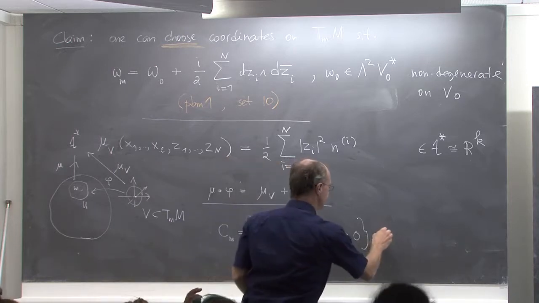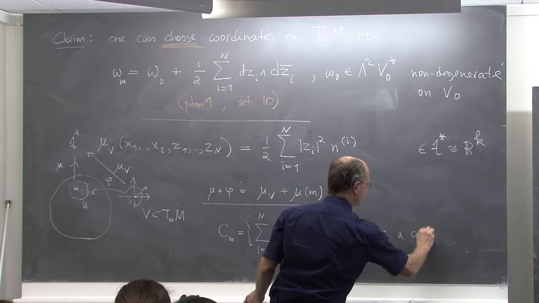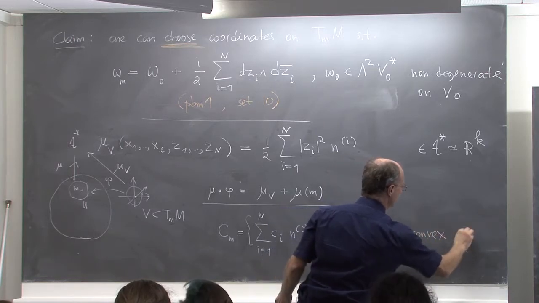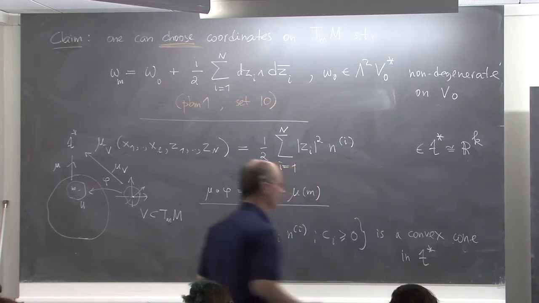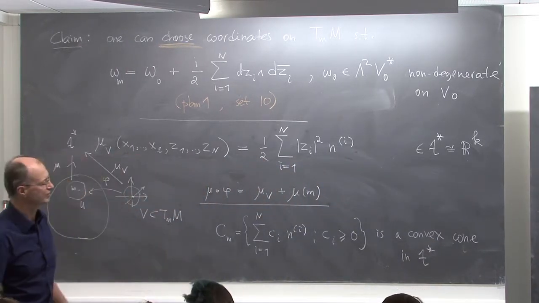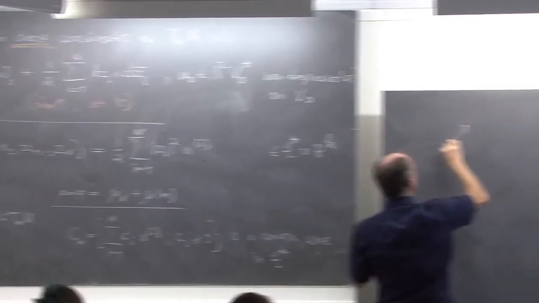So this is a convex cone in T star, right?